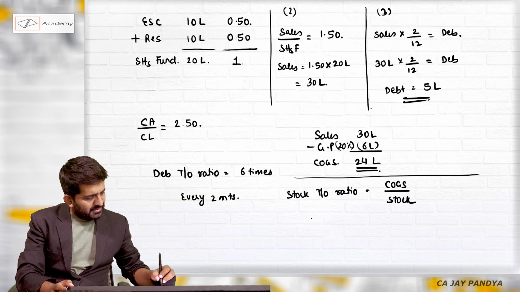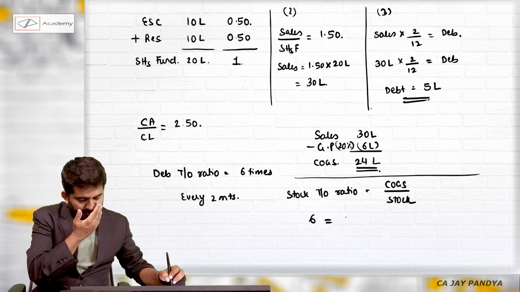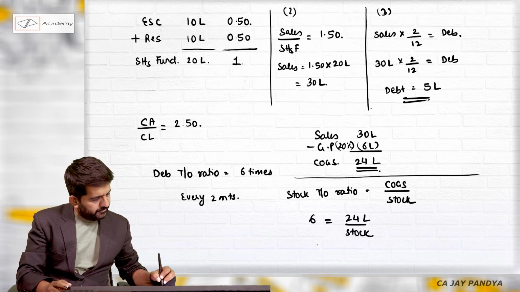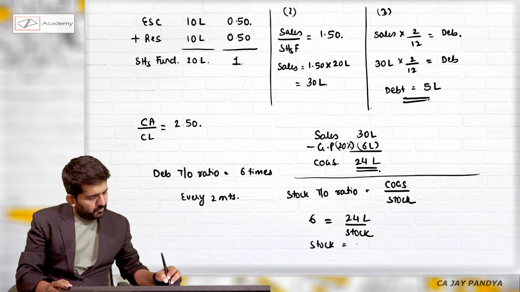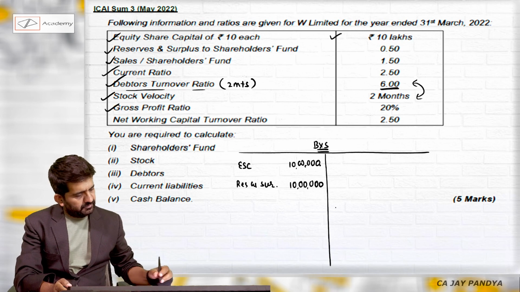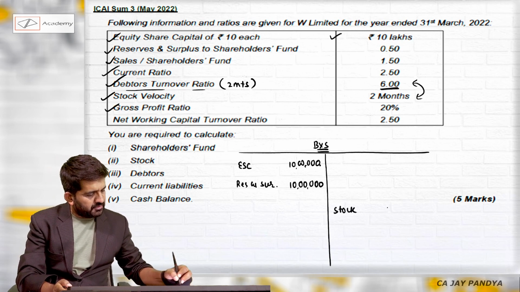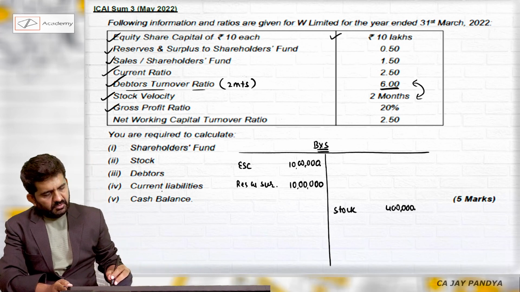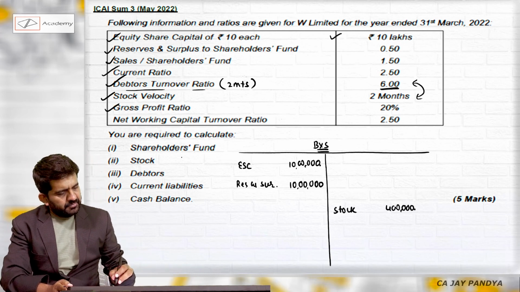COGS is 24 lakhs. I'll be getting answer of stock. Stock will be 4 lakh rupees. I've used even GP ratio.